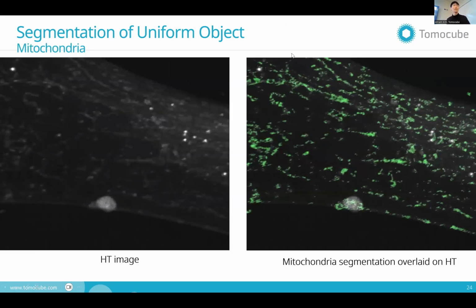So this is another example of uniform object segmentation, which is mitochondria. On the left side, you can see a very vague pattern of mitochondria. And on the right side, you can see the mitochondria segmented based on those patterns. So here, it's not a perfect one.